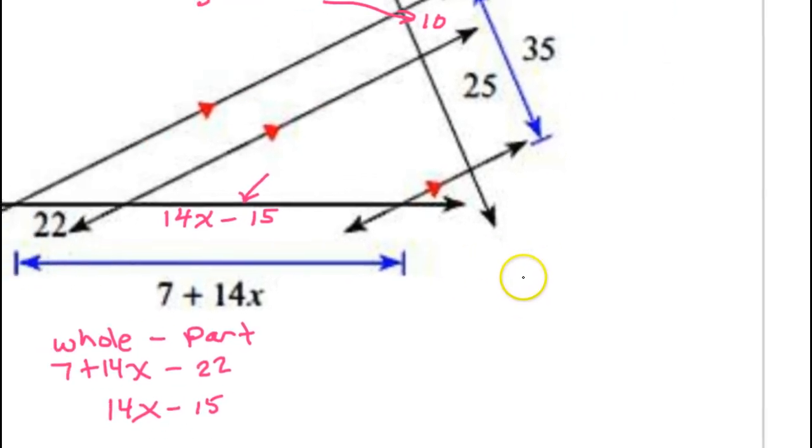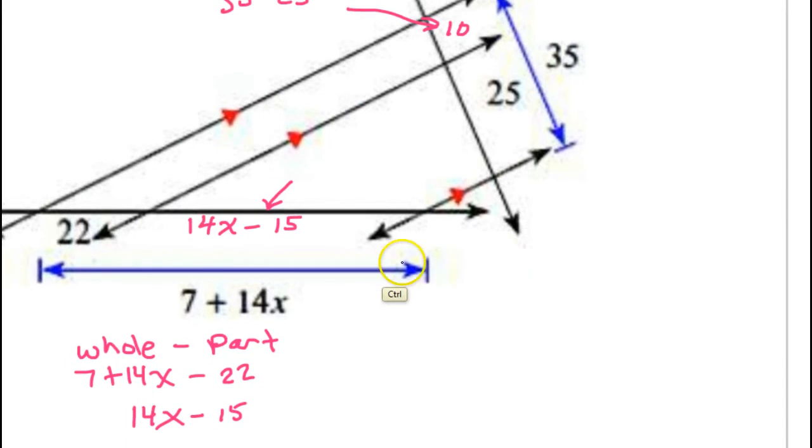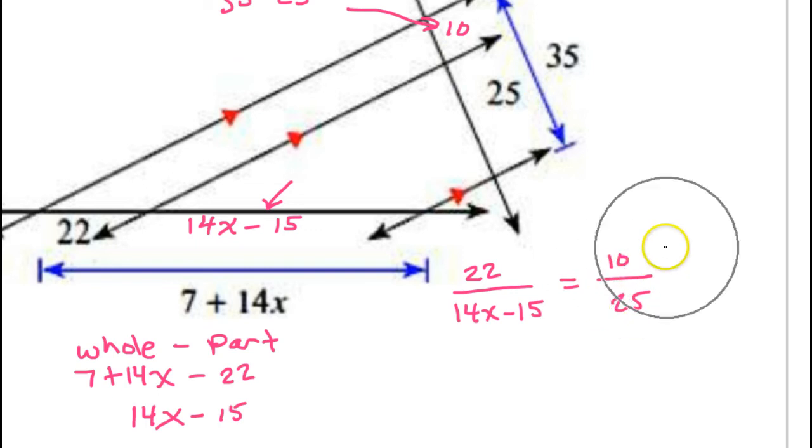All right, now I can do the side splitter theorem. Okay, part over part is equal to part over part. So I can do, for example, 22 over 14x minus 15 is equal to 10 over 25.